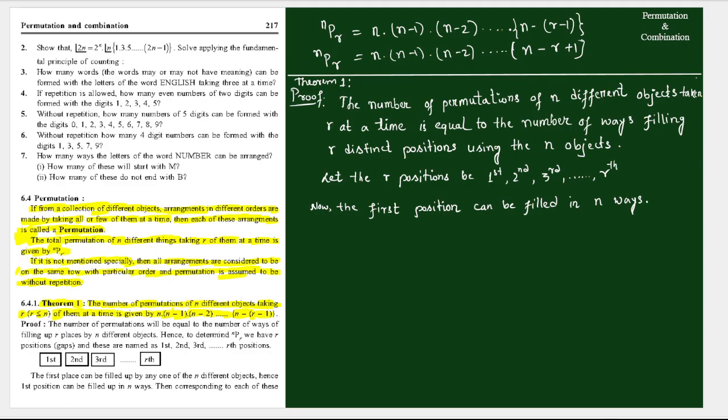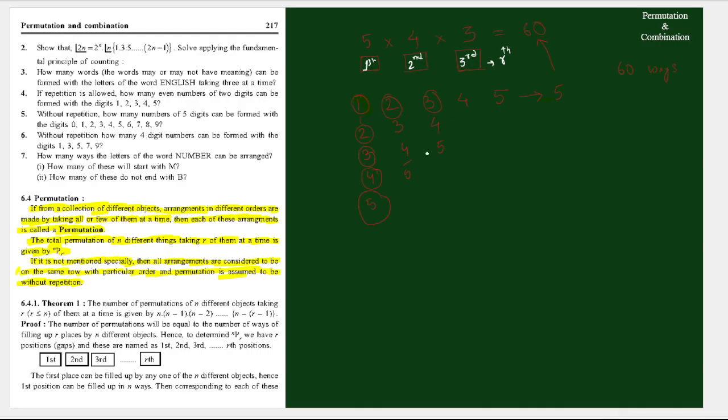Earlier, 5 objects were there, so it had the freedom of choosing 5. Now you see it goes on decreasing: 5 minus 1 is 4, 4 minus 1 is 3. It keeps on decreasing.